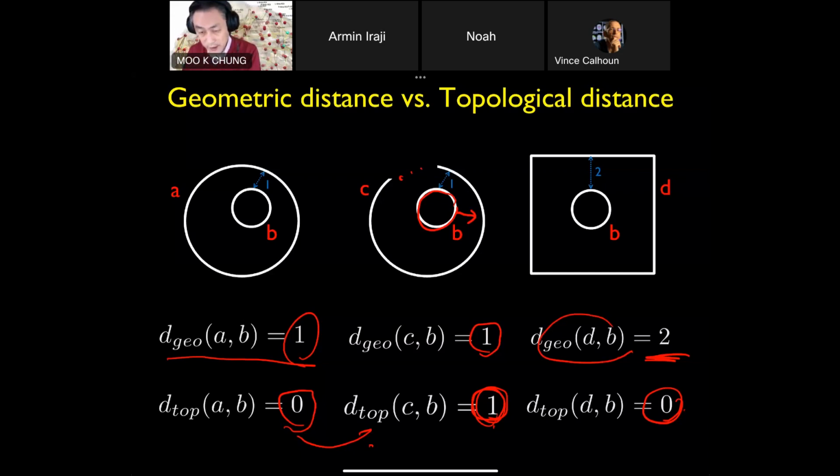And you have to understand that almost all statistical models and all deep learning models are based on this geometric distance. Can you come up with any statistical model or deep learning approach that incorporates this kind of topological similarity?